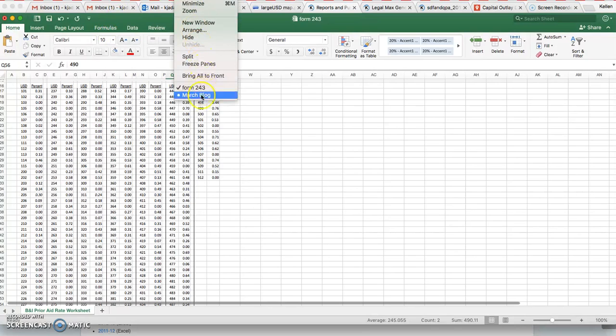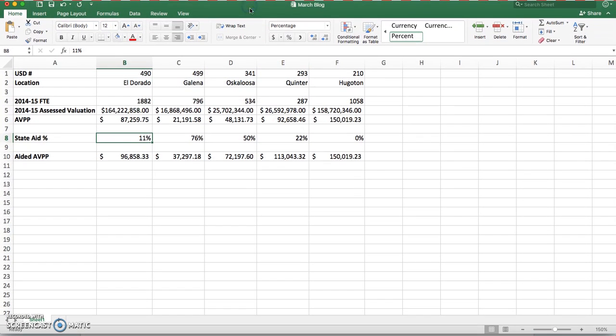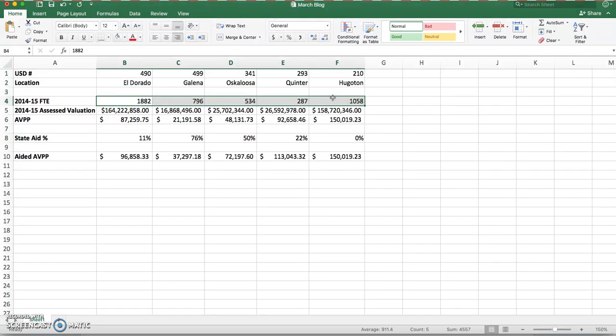So let's go back to our quick stats and take a look. Basically what I have listed for you is the 14-15 FTE across row 4, followed by the 14-15 assessed valuation. Again, assessed valuation is a compilation of all of the local property wealth that we can add up within that school district boundary.